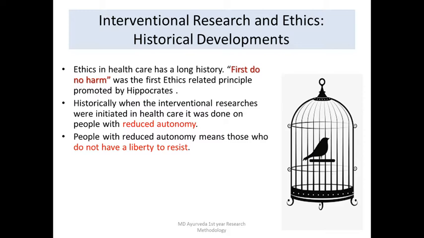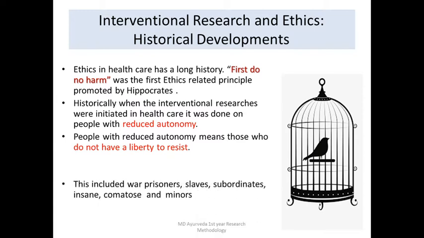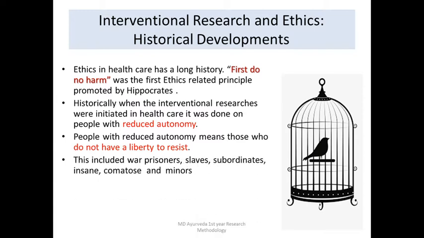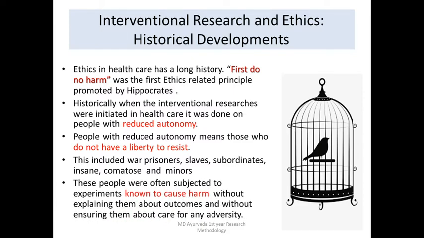It is like a person or animal living in a cage, who does not have the autonomy to reject the propositions given upon him. This category of people with reduced autonomy may be war prisoners, slaves, subordinates, insane people, comatose people, and minors. This also happens with animals in a cage.